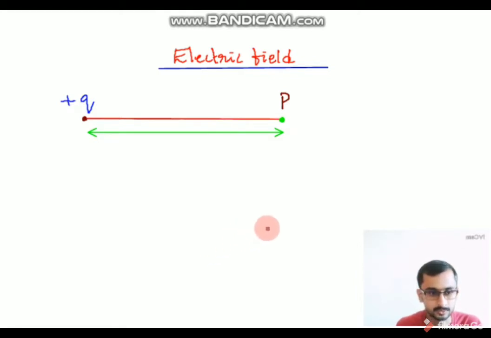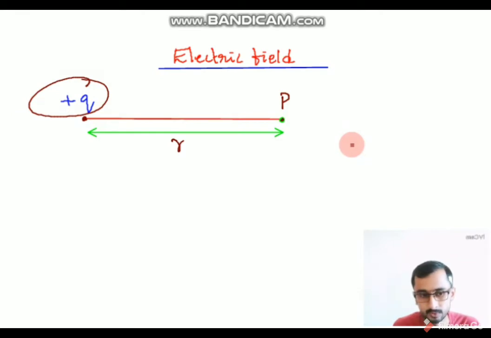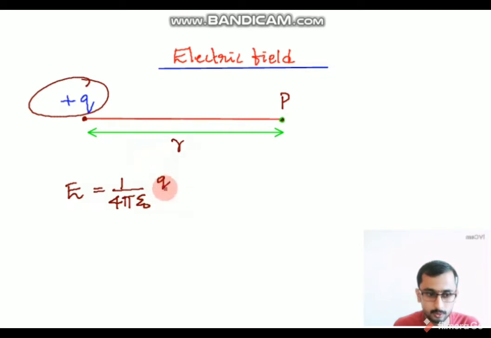So as I said, this distance is r. Now at this particular point, what is the expression for electric field due to this charge plus q? The expression is given by electric field E equal to 1 by 4 pi epsilon naught q divided by r square.